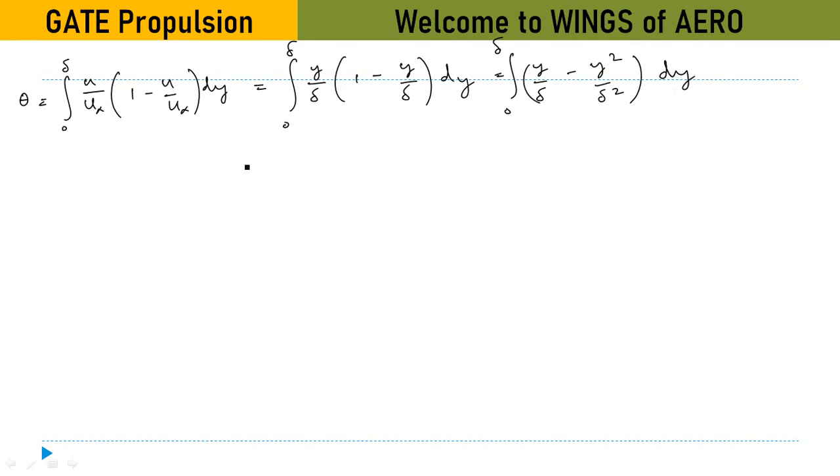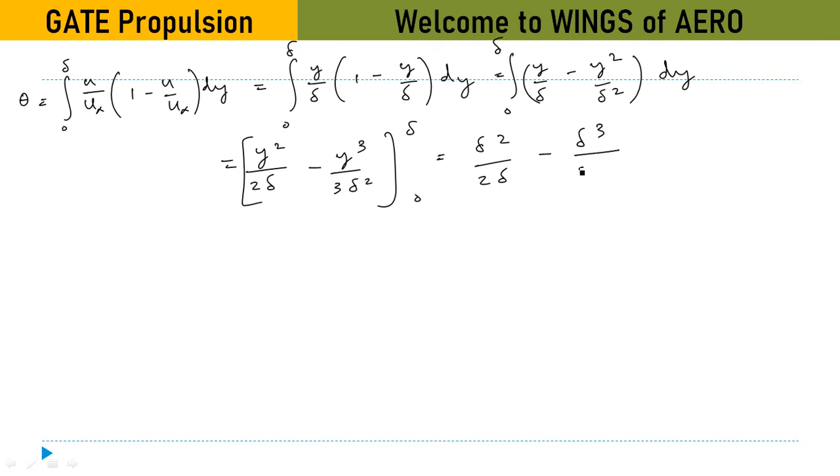Here del square cancels off, you get del by 2 minus del by 3. If you take the LCM, 3 minus 2, you get del by 6. Are you getting del by 6?